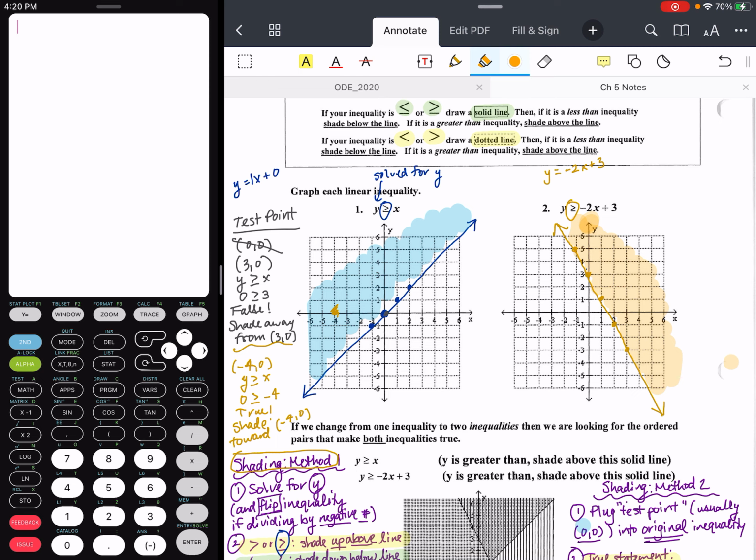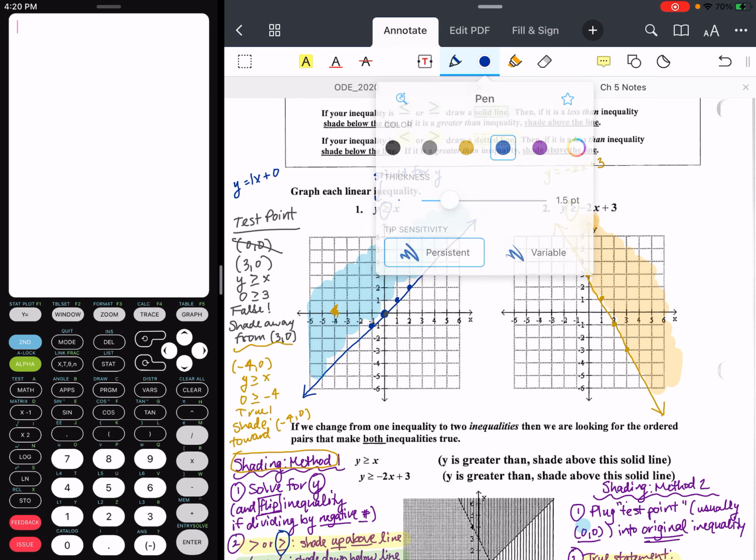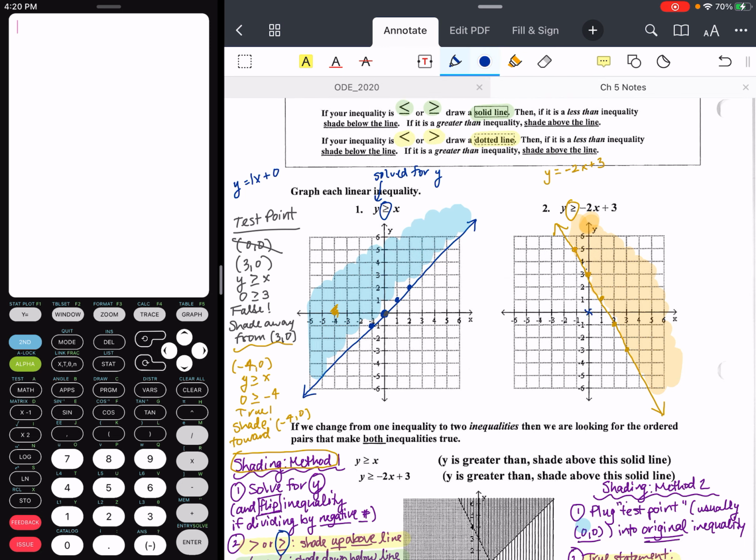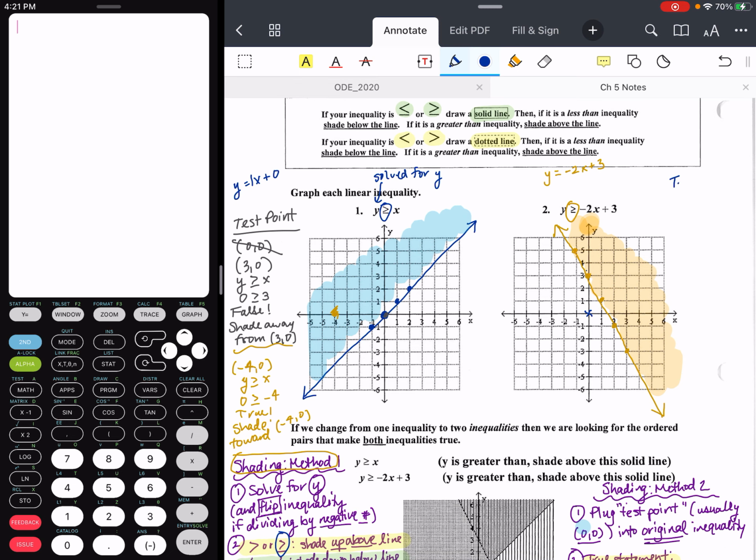All right, if I wanted to use a test point instead, here 0, 0 will be a really good candidate because it's not on your line. So if I use a test point 0, 0, I would take my inequality, y greater than or equal to negative 2x plus 3, and replace that with 0 for y greater than or equal to negative 2 times 0 plus 3, which is 0 greater than or equal to 0 plus 3.